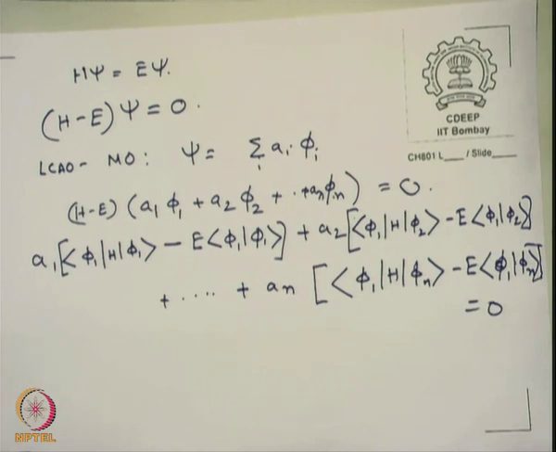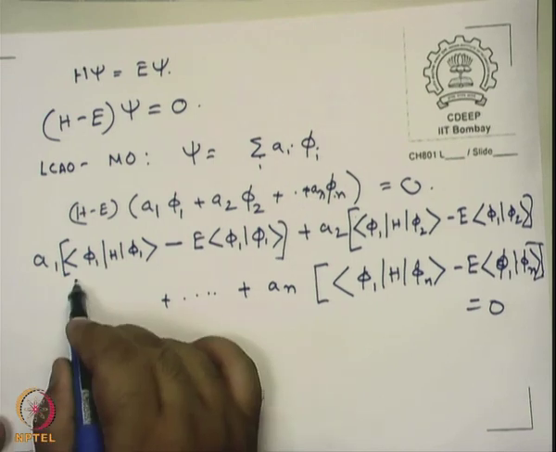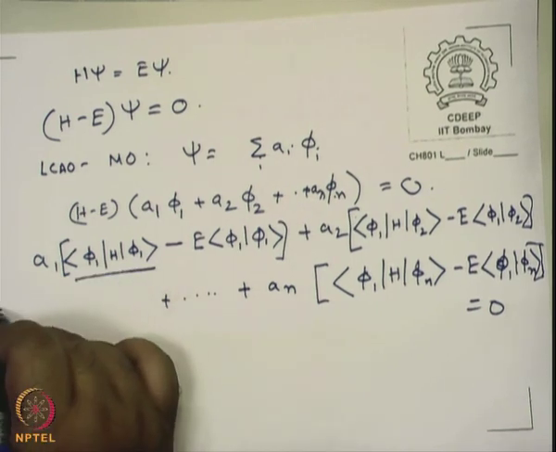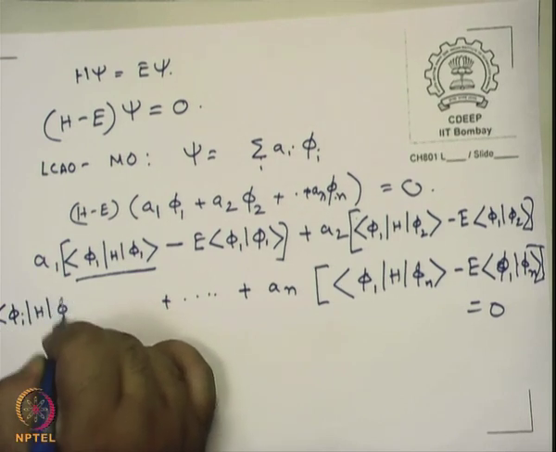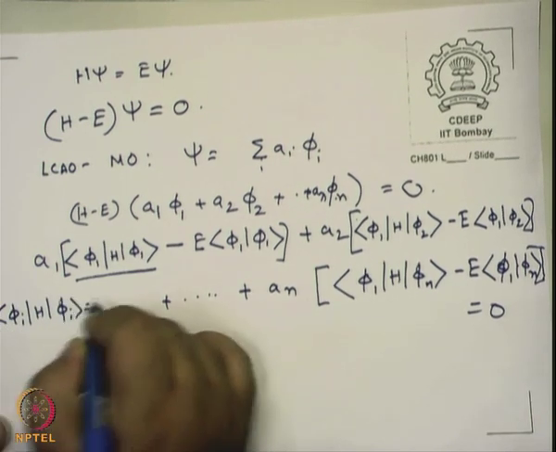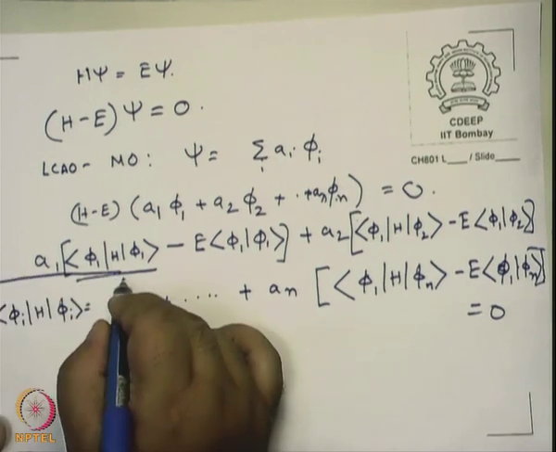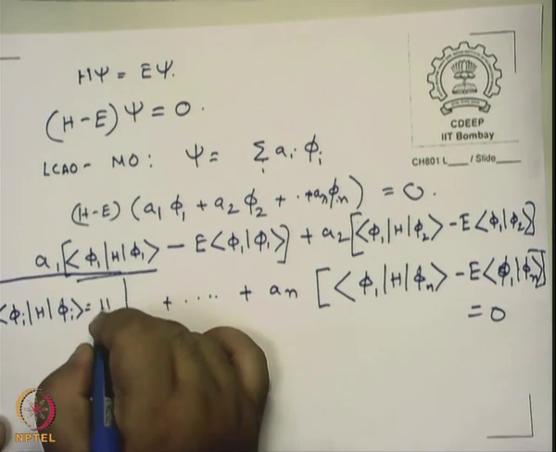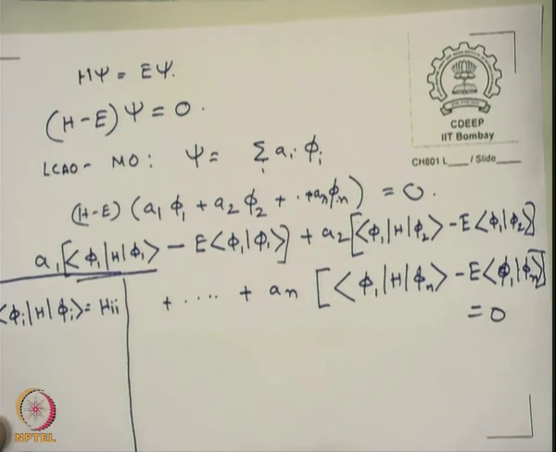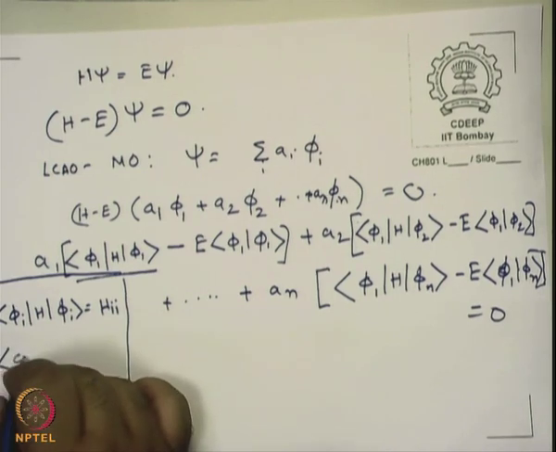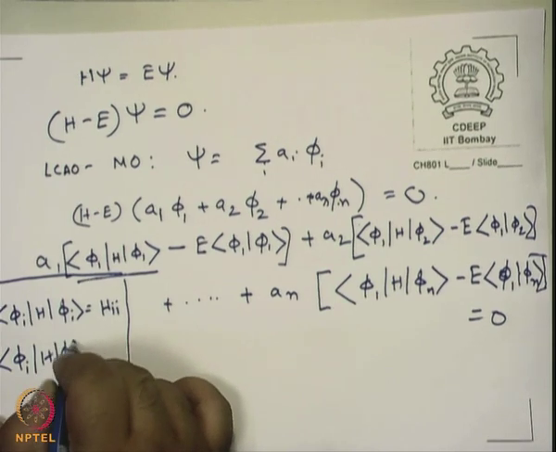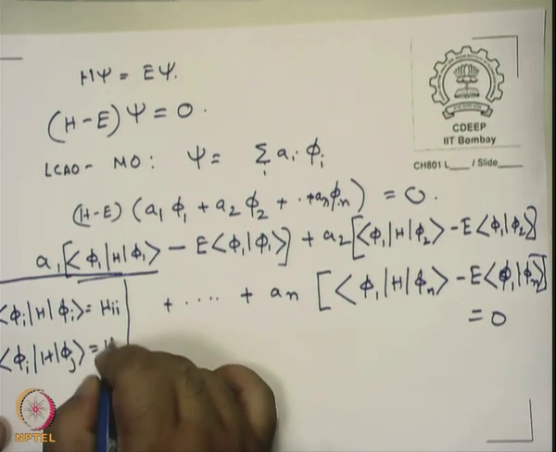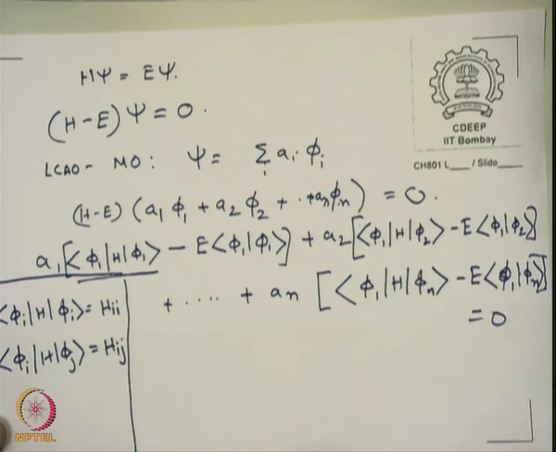Now, let us see if we can simplify this a little bit. Wherever we have something like phi_i H phi_i, we will write that as H_ii. Wherever we have something like phi_i H phi_j integrated over all space, we will write H_ij.